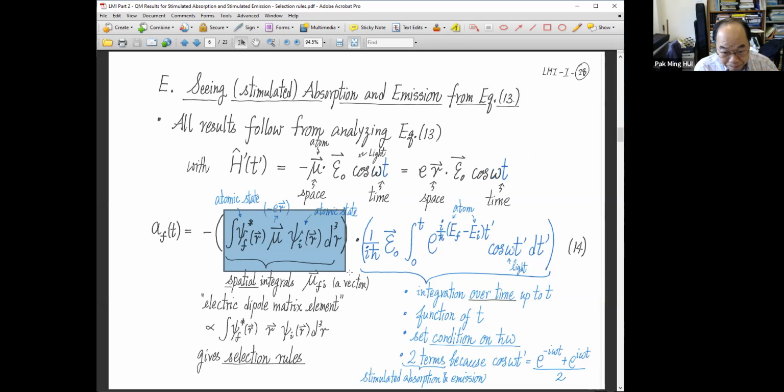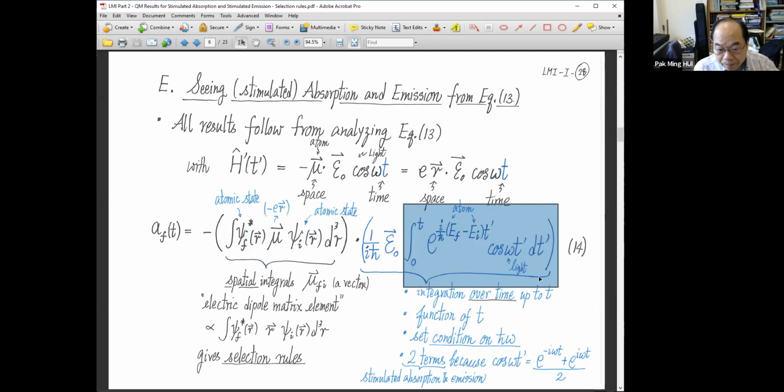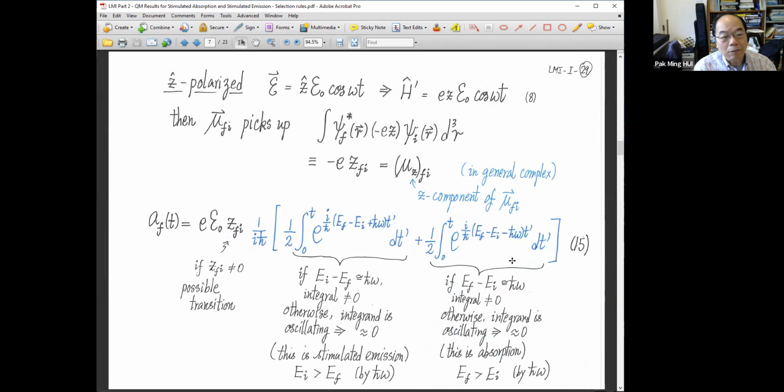The second integral is also very interesting and important. It has to do with the atom's difference in energy and the incident light frequency. So we will work on these two parts on the pages to follow.